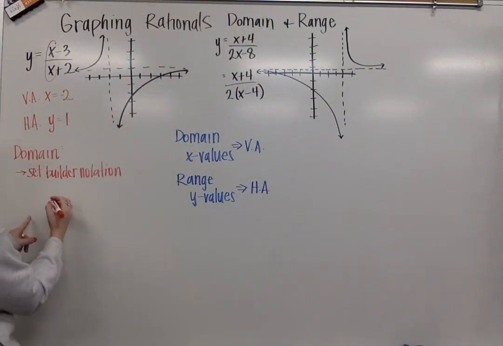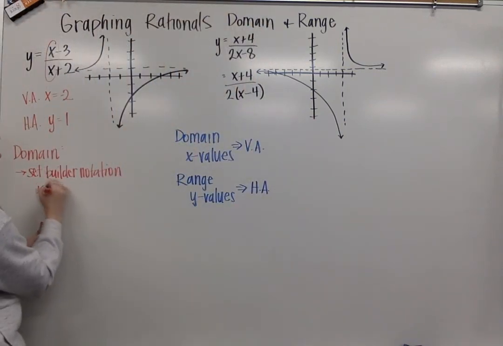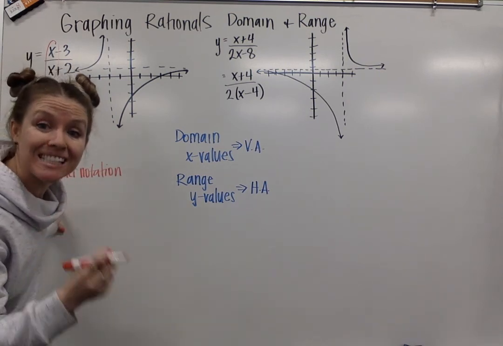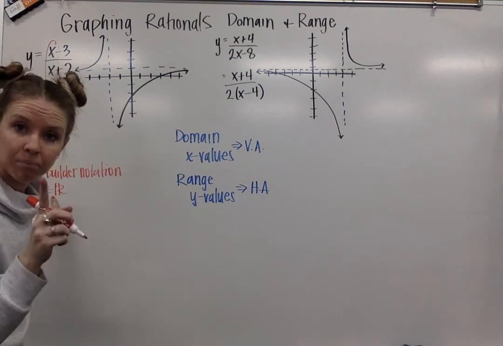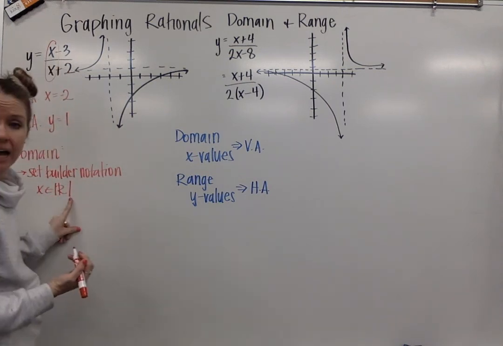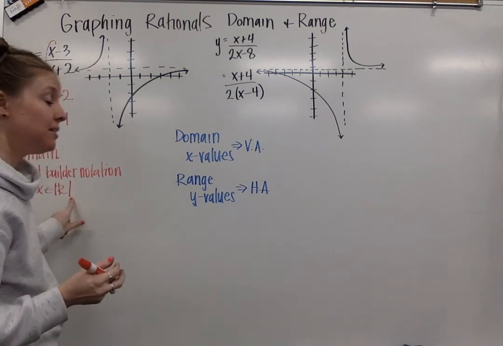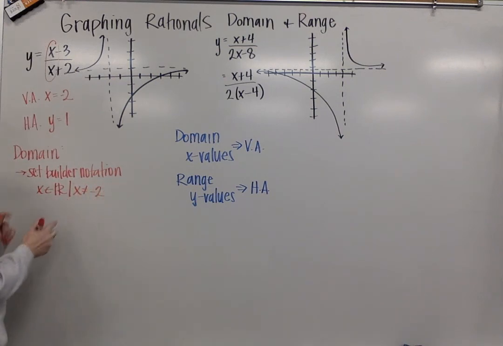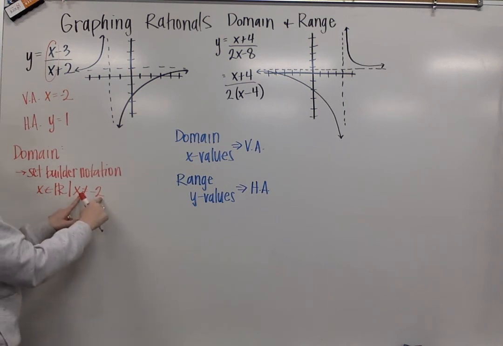So it makes us look kind of cool when we write this. It says x is an element of all real numbers, meaning we can use every single number for x. But, this line kind of just means but, can't. We can't use -2. So x is every number, but it cannot be -2.